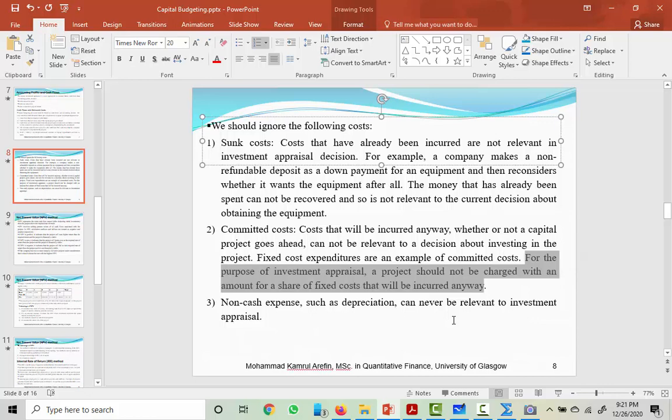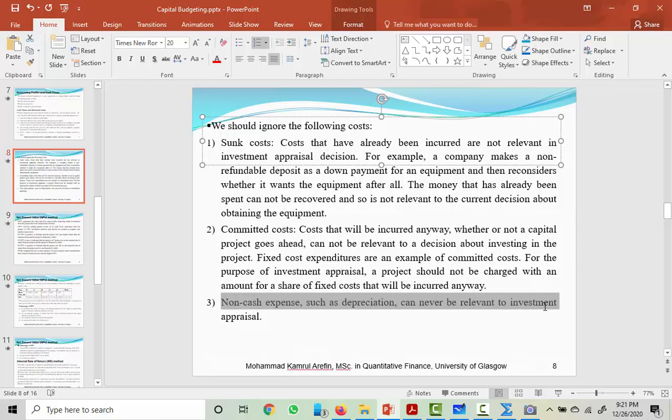So those costs that will be incurred anyway will be considered as committed cost or fixed cost, and this should not be considered in project evaluation. So non-cash expense, as I said before, depreciation can never be relevant in investment appraisal, because depreciation is a non-cash expense and should not be considered in project evaluation, right?